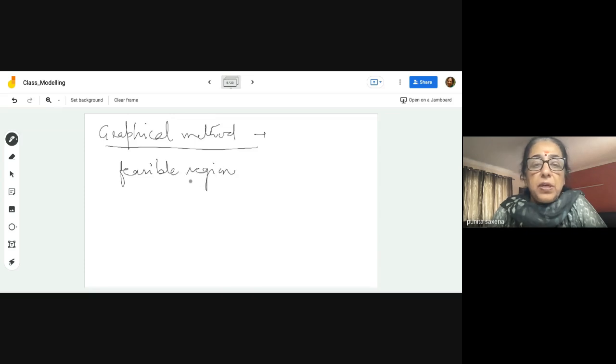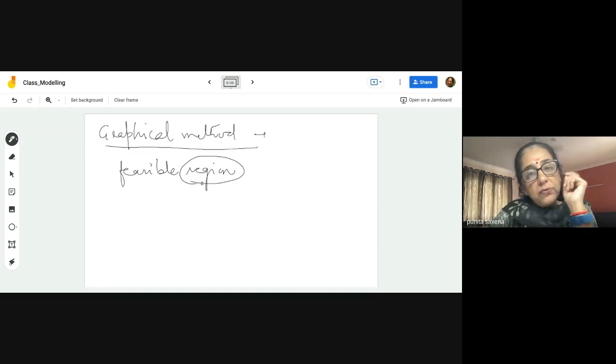Because it was a graph, we could see the region. And what was the speciality of this region? All the points that lie in this region satisfy all the constraints simultaneously. This was the advantage of the feasible region.